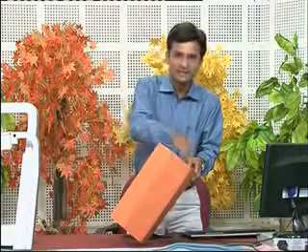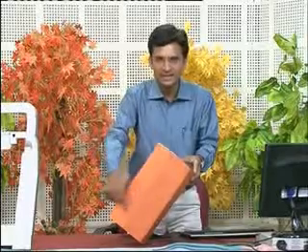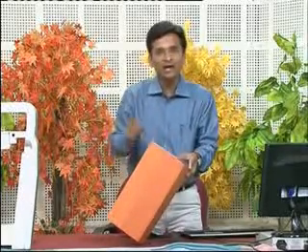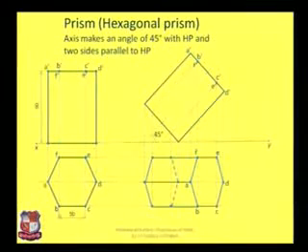So we have drawn this hexagon with a full line. This edge, this and this edge as well as this edge, it will appear in the top view. So we have drawn these lines as full lines, only this line is dotted. Now this is about the given condition.